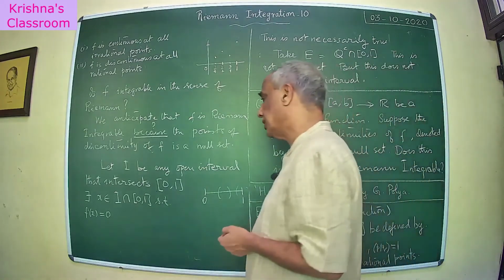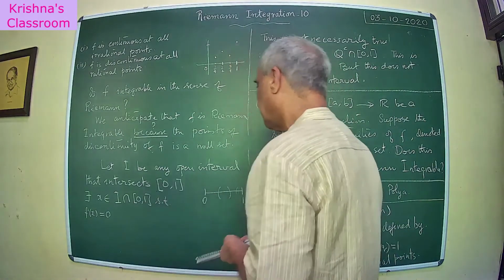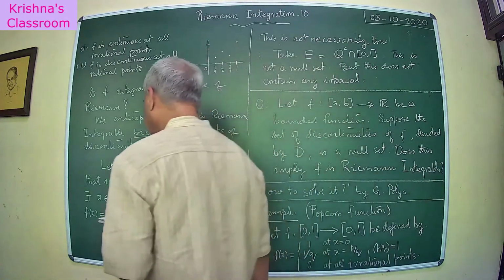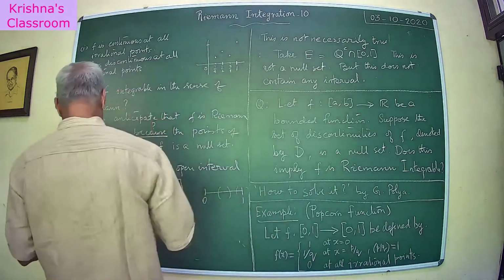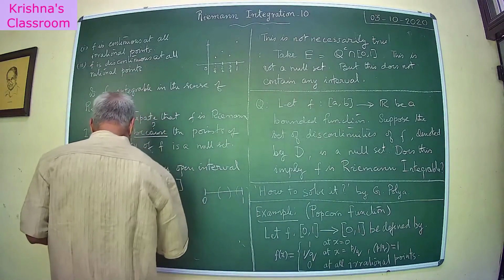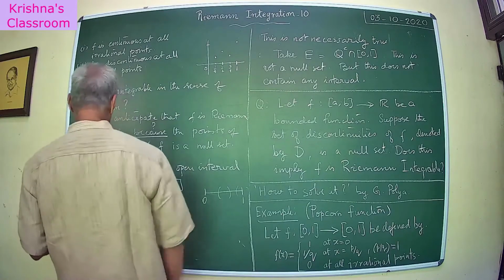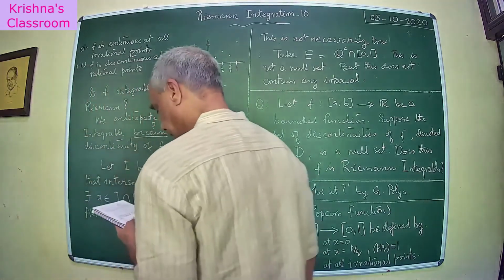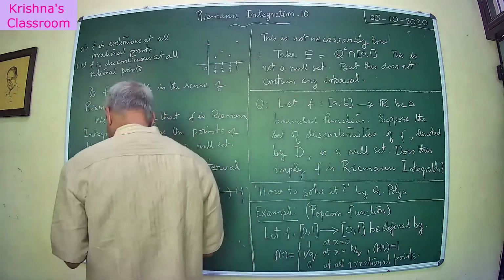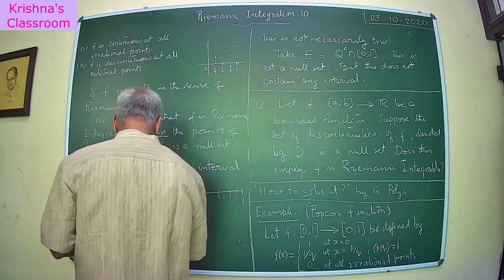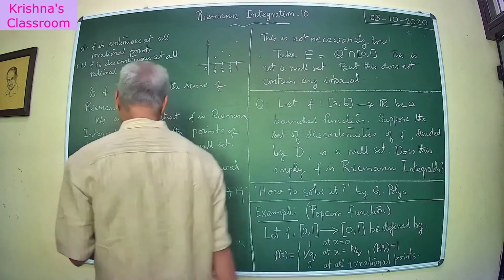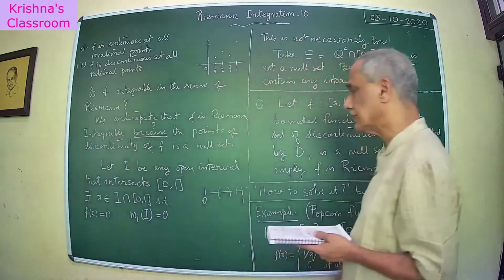So it attains the minimum value at some point on that interval, which means that the infimum of f over the interval I is equal to 0. This is the lower bound.